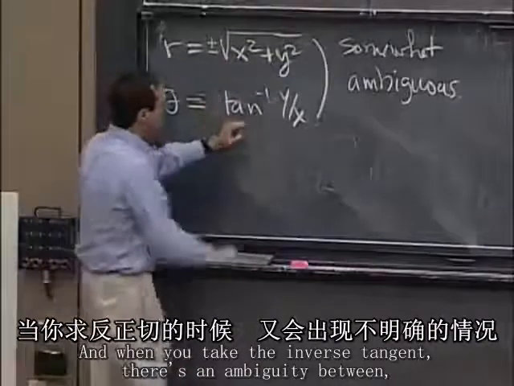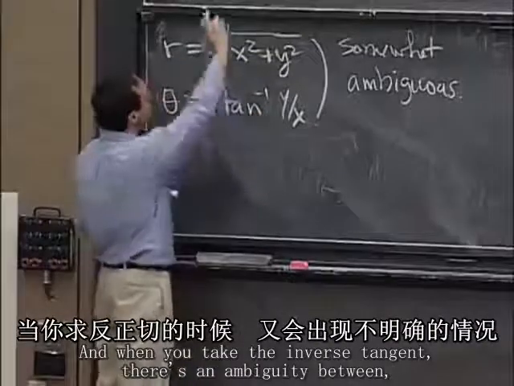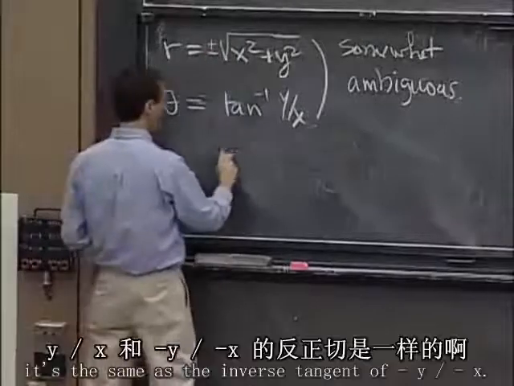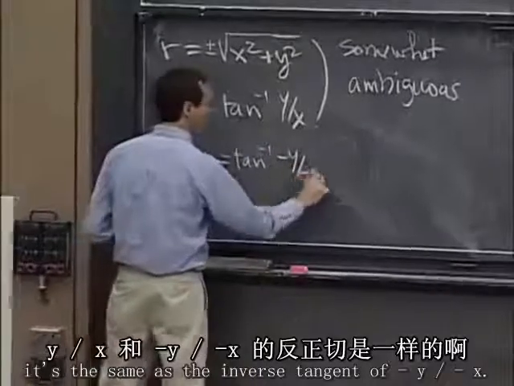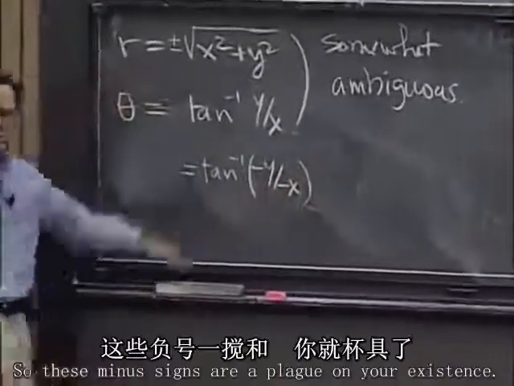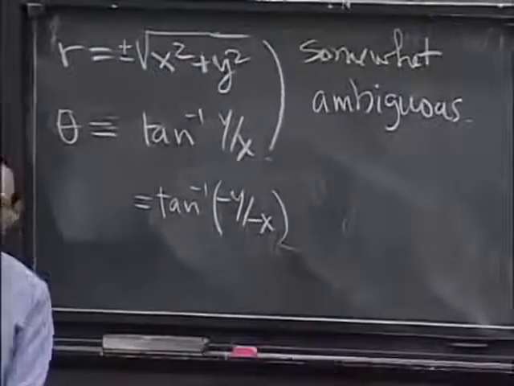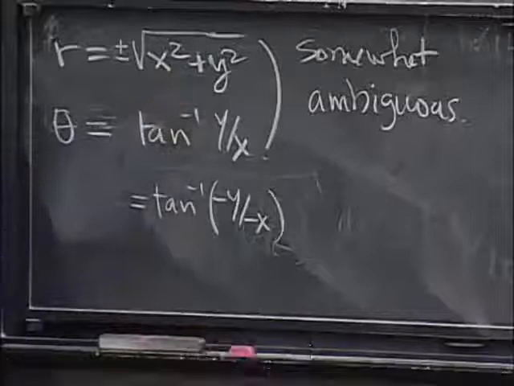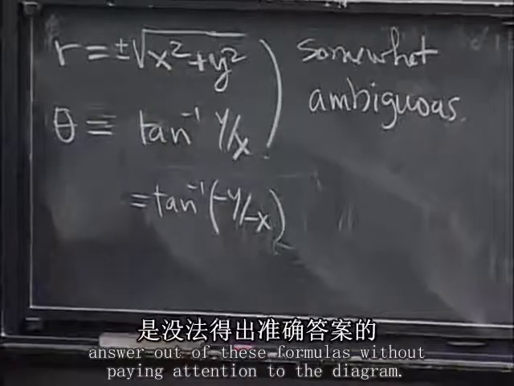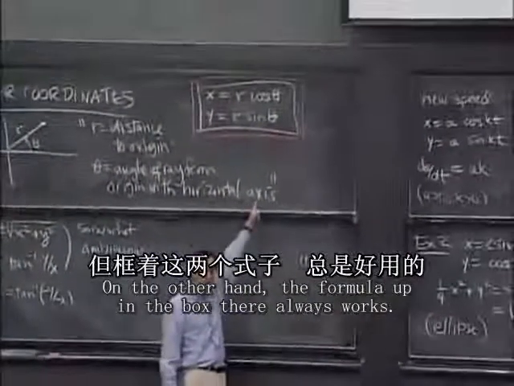And when you take the inverse tangent, there's an ambiguity: it's the same as the inverse tangent of minus y over minus x. So these minus signs are a plague on your existence. And you're not going to get a completely unambiguous answer out of these formulas without paying attention to the diagram. On the other hand, the formula up in the box there always works.